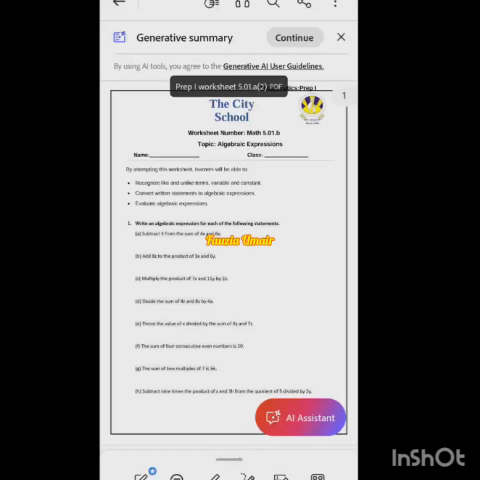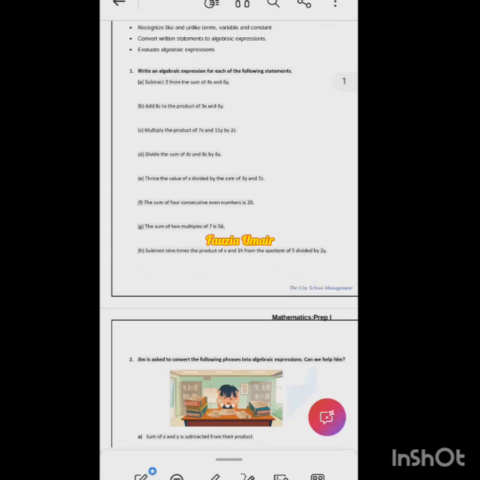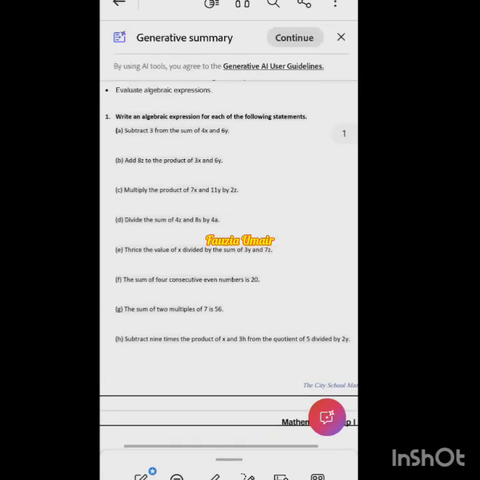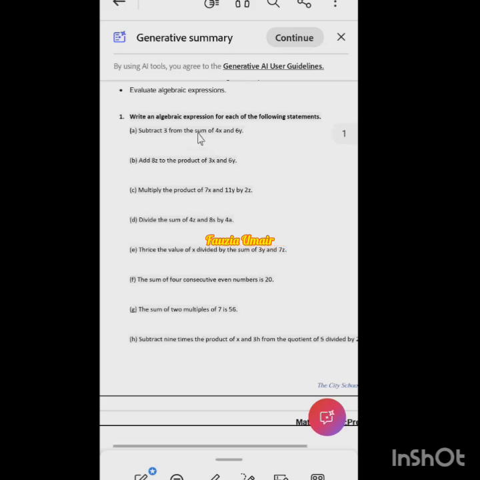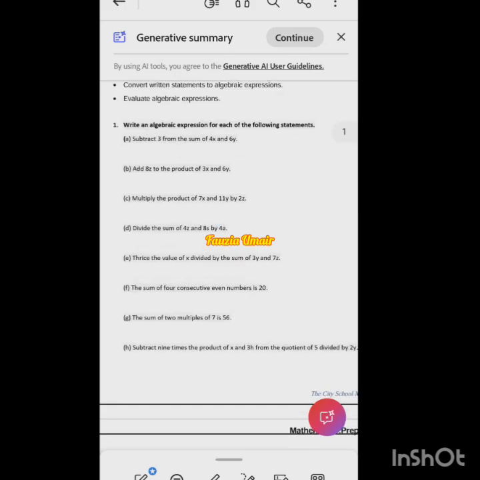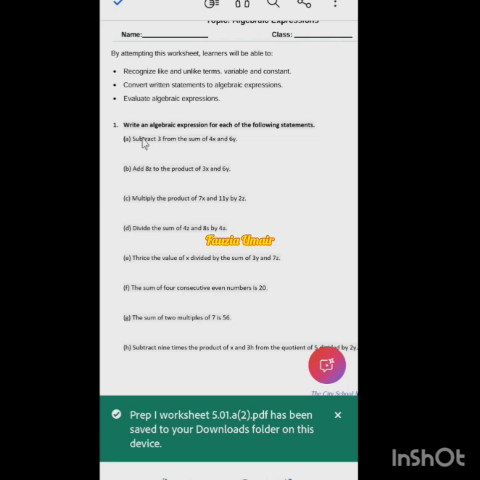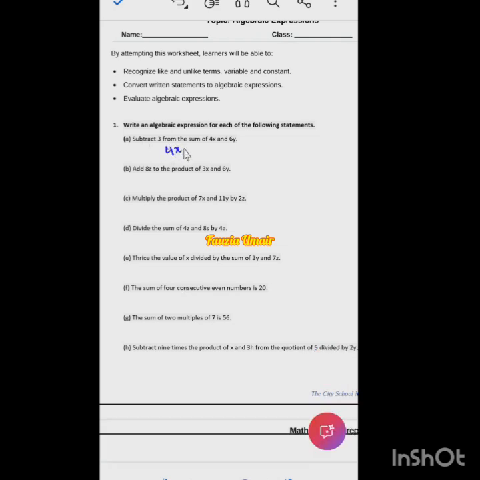All right. So this is also conversion of statements into algebraic expressions. Can you tell me: subtract 3 from the sum of 4x and 6y? So first tell me the sum of 4x and 6y: 4x plus 6y minus 3, like this. All right.